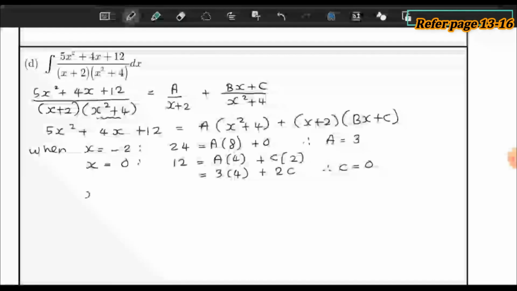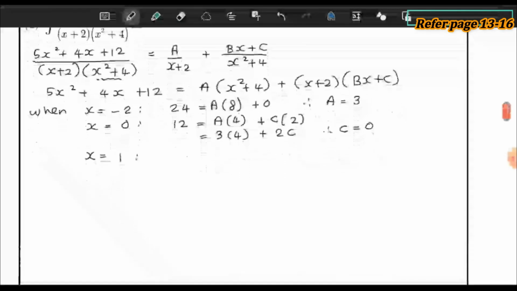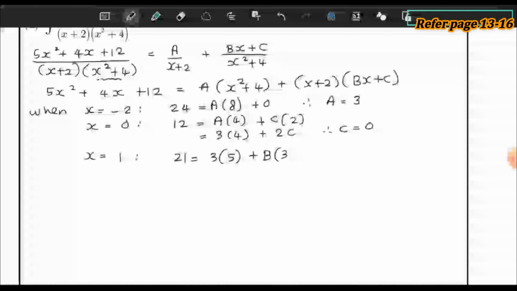And the last one, we can substitute any value of x for the third constant. So we have 21 equal to 3 times 5 plus b times 3. Therefore, b equals 2.